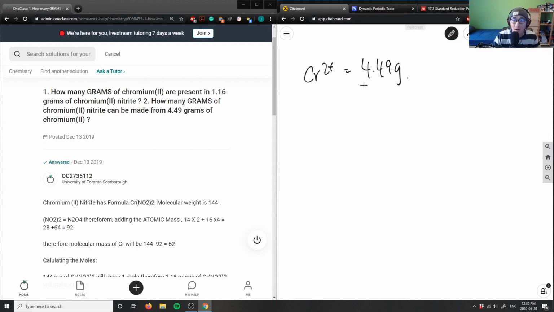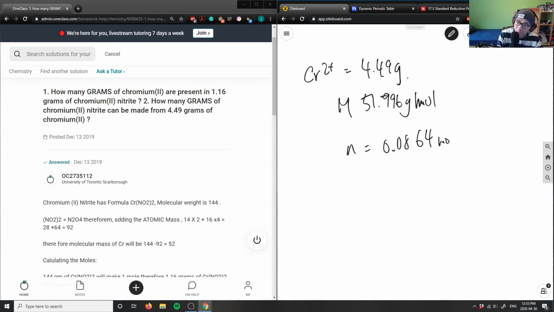I can convert this to moles by dividing by the molar mass, right? I know my molar mass here is 51.996 grams per mole. So my moles here would be 4.49 divided by 51.996, which gives a value of 0.0864 moles of chromium.